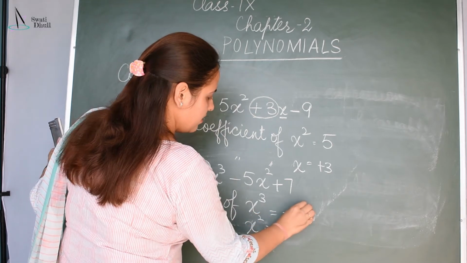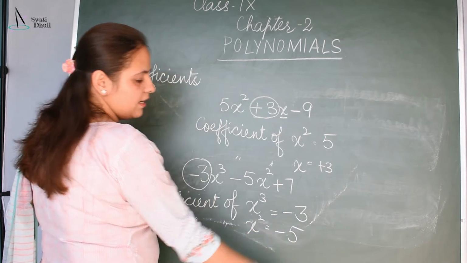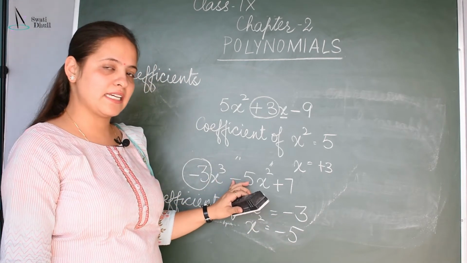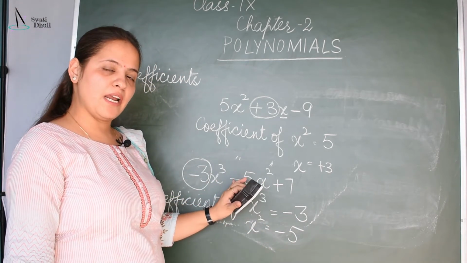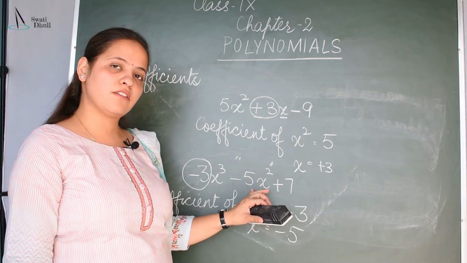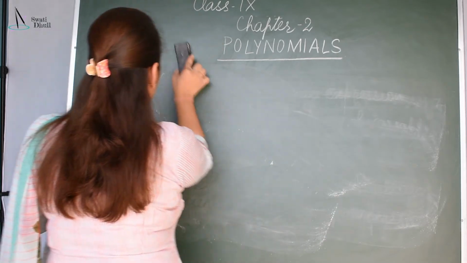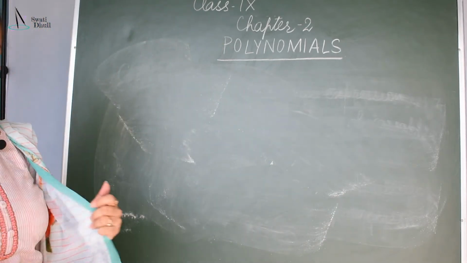So it will be minus 3. The coefficient of x square is minus 5. You don't have to forget the minus sign. Whatever is multiplied with it, you have to write the whole constant, that is minus 5. Now, this was all about terms and coefficients.